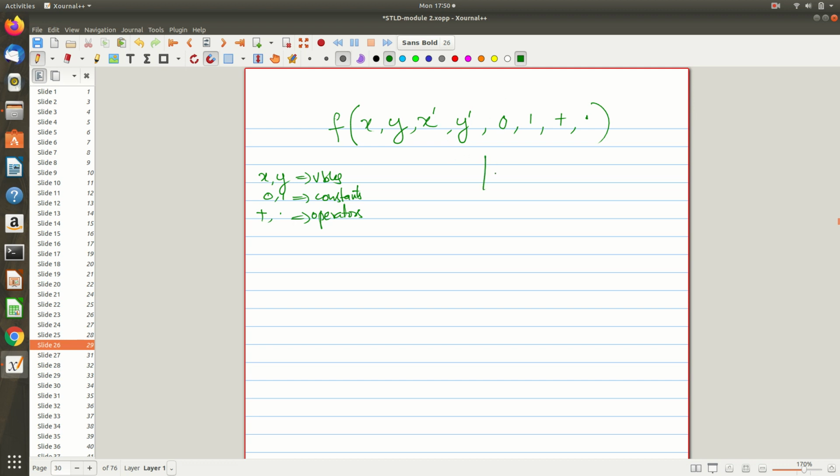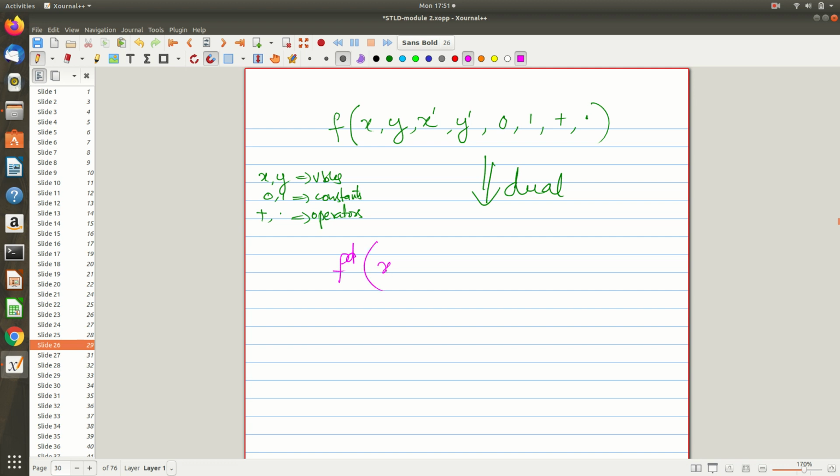Now, the question is how to get the dual of this particular function or Boolean algebraic expression or equation. It is applicable to everything, expression, equation, everywhere. So, let me denote the dual by, say, f raised to d. That is another function. This d corresponds to the dual of f, right?